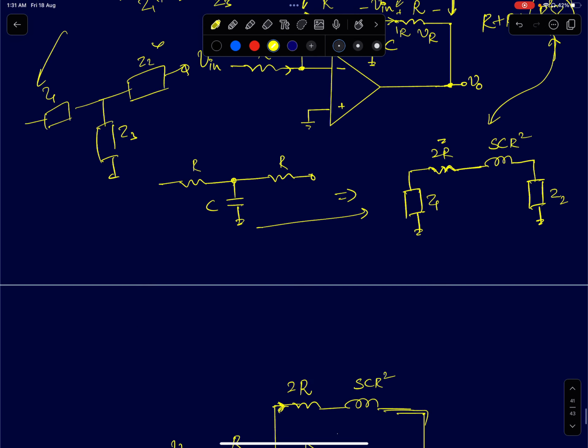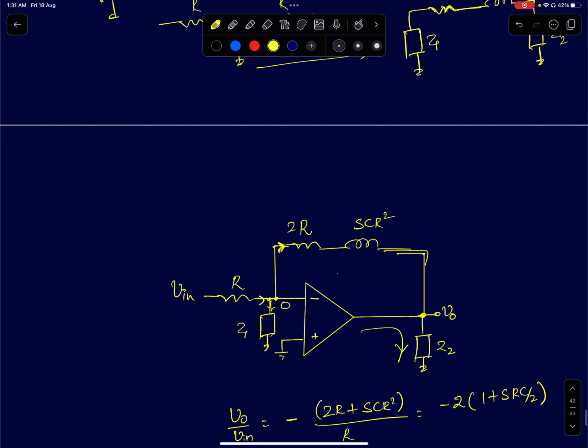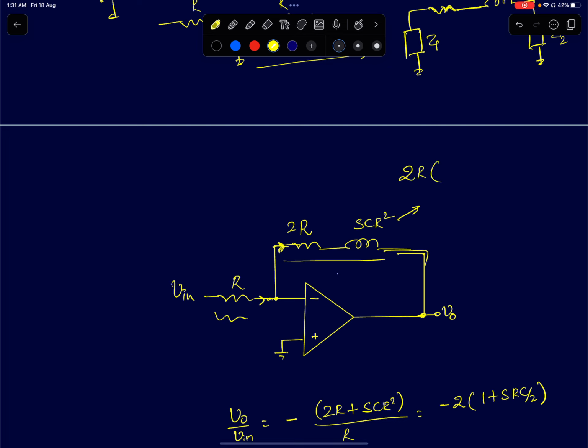Now I'll substitute this circuit here. As I said, we can find what Z1 and Z2 are, but they don't matter in the pi network. They don't determine the gain. So I'm left with a circuit that looks like this. You have R here and you have 2R plus SCR square. If I take 2R common outside, I get 2R times 1 plus SCR by 2.